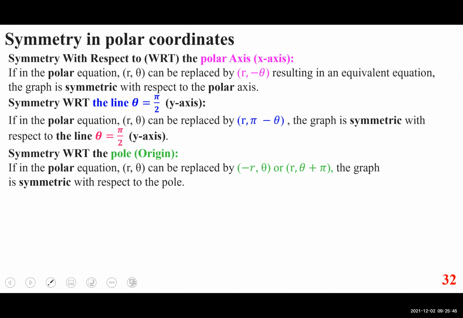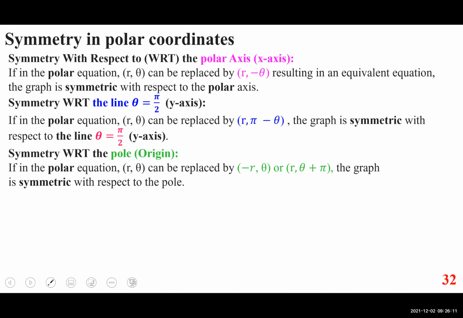Symmetry in polar coordinates. Symmetry with respect to (WRT) the polar axis, x-axis: if in the polar equation, r comma theta can be replaced with r comma negative theta, resulting in an equivalent equation, the graph is symmetric with respect to the polar axis.